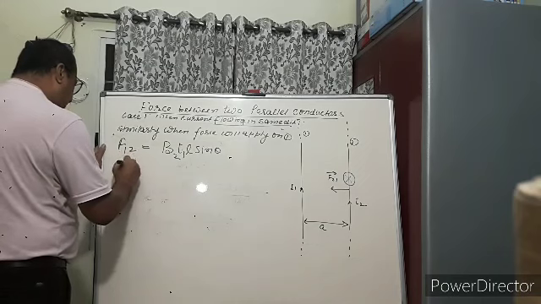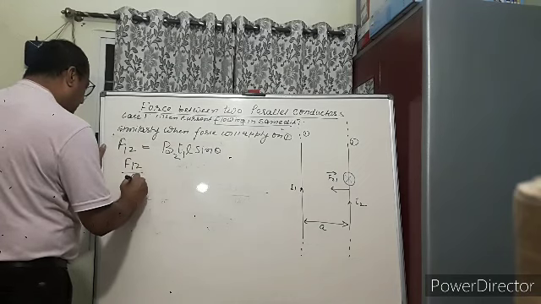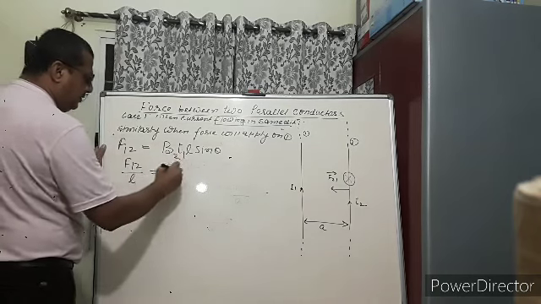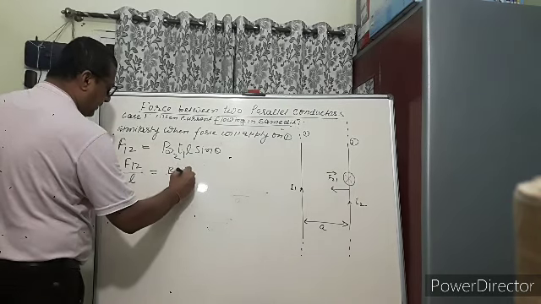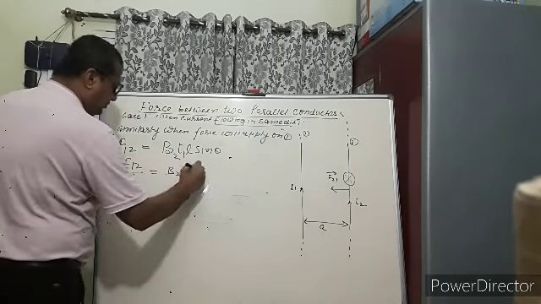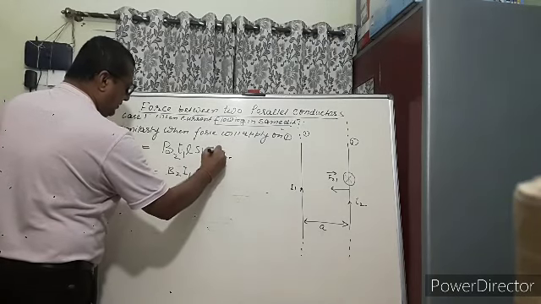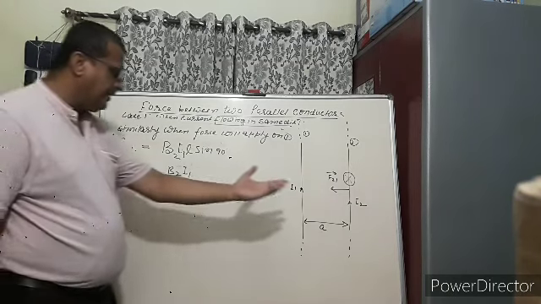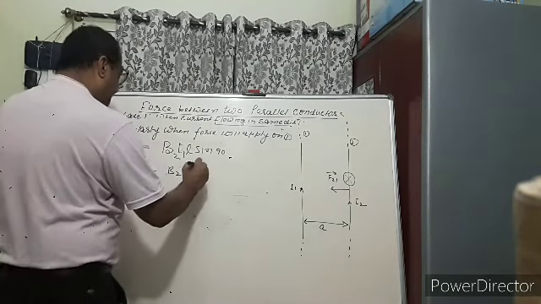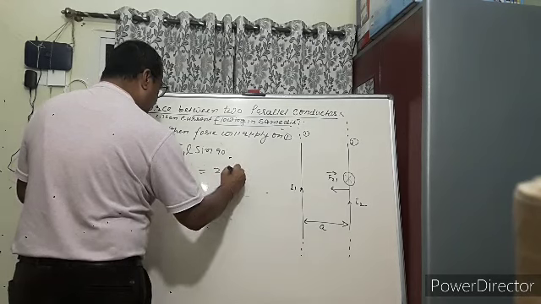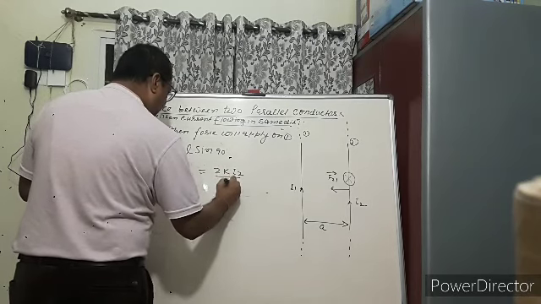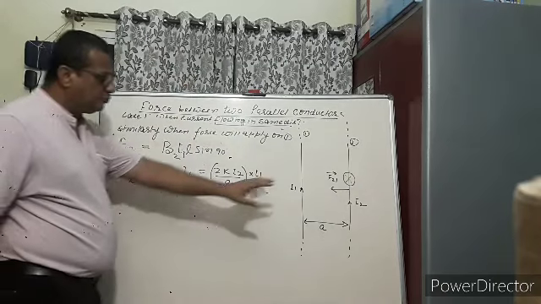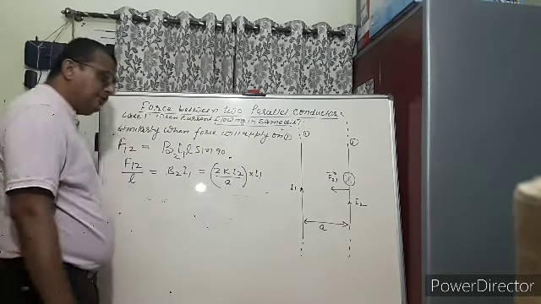So this will be equal to F12 per unit length, B2 I1 sin 90, where B2 is 2 K I2 by A, into I1. This is the magnetic field due to the second conductor on I1.